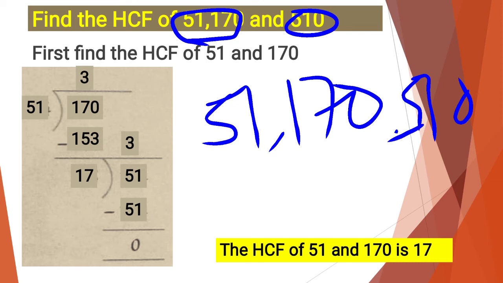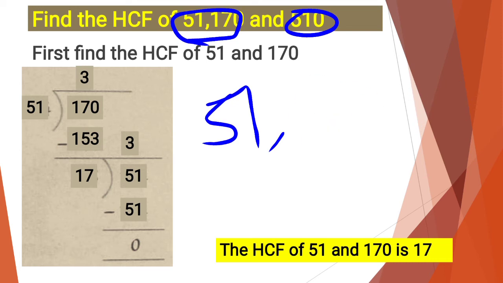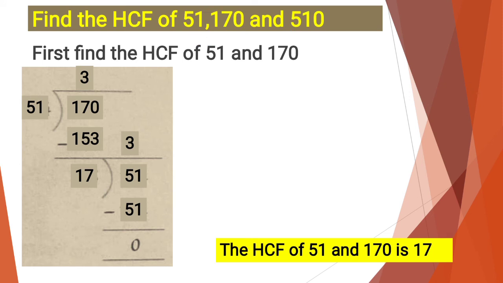So we have three numbers. At first we follow the same rule: we take the first two numbers, smaller and middle.